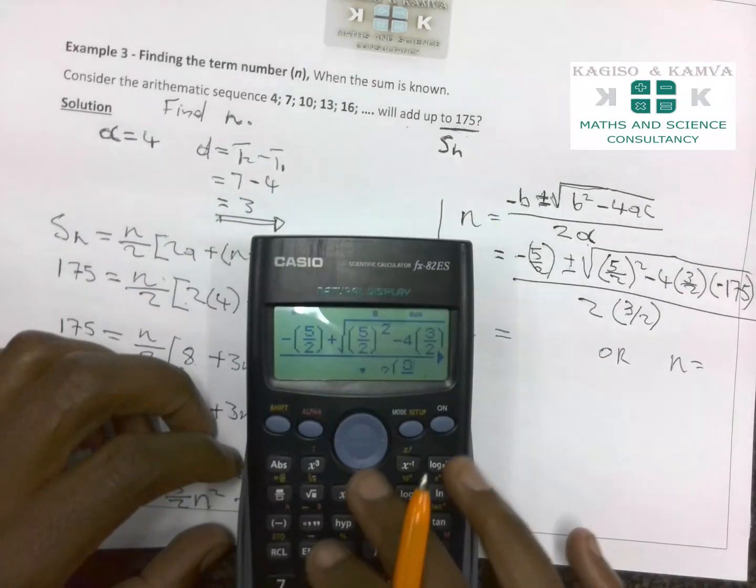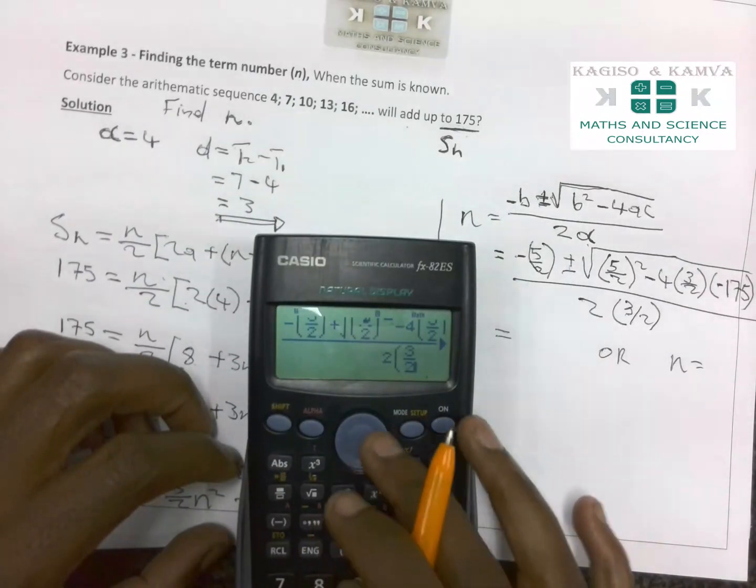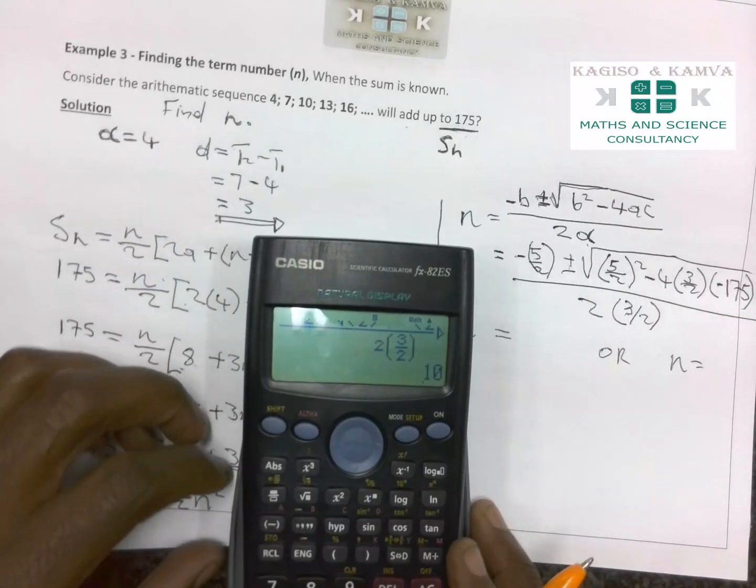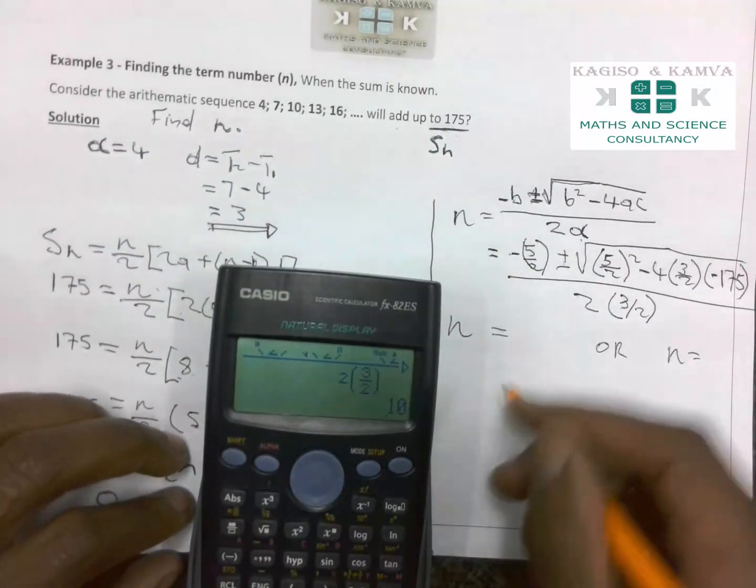A is 3 over 2, close bracket. We're going to have n is equal to 10.